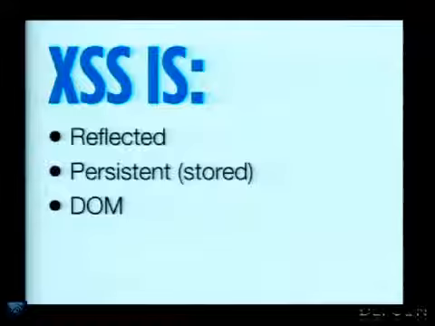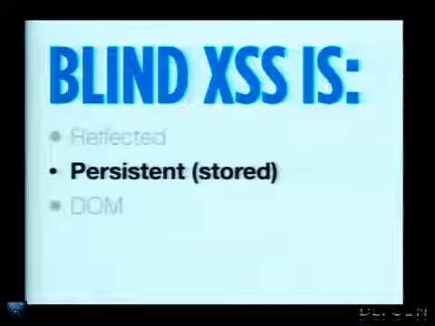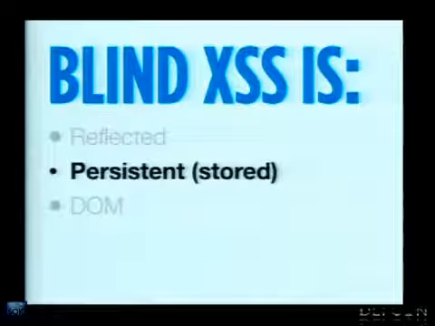And then DOM, where all of that is basically happening client side, manipulated client side rather than the actual document or anything being stored. If you want to know more, there's plenty of information out there. That's not what we're going to talk about. We're talking about a specific variant of persistent or stored cross-site scripting, and where I saw blind cross-site scripting mentioned first.